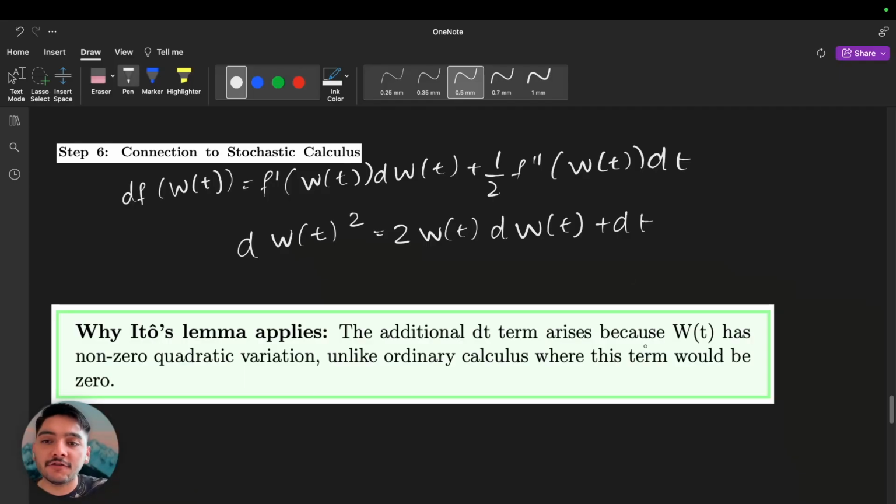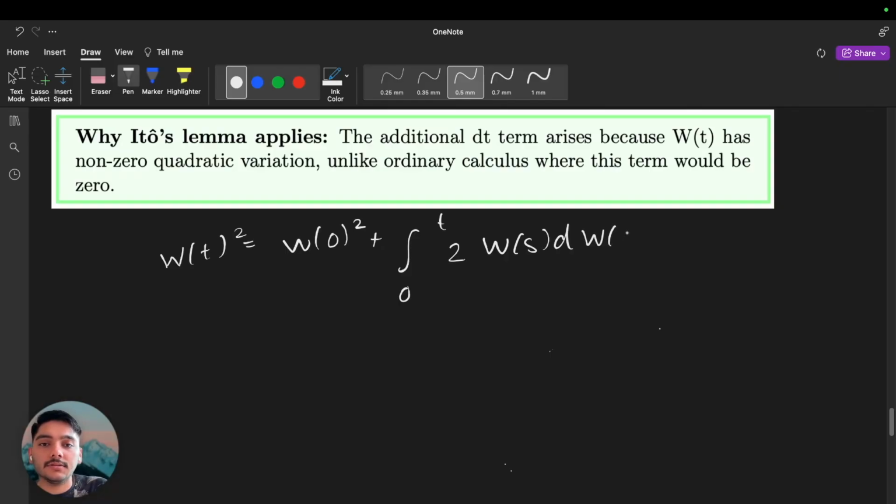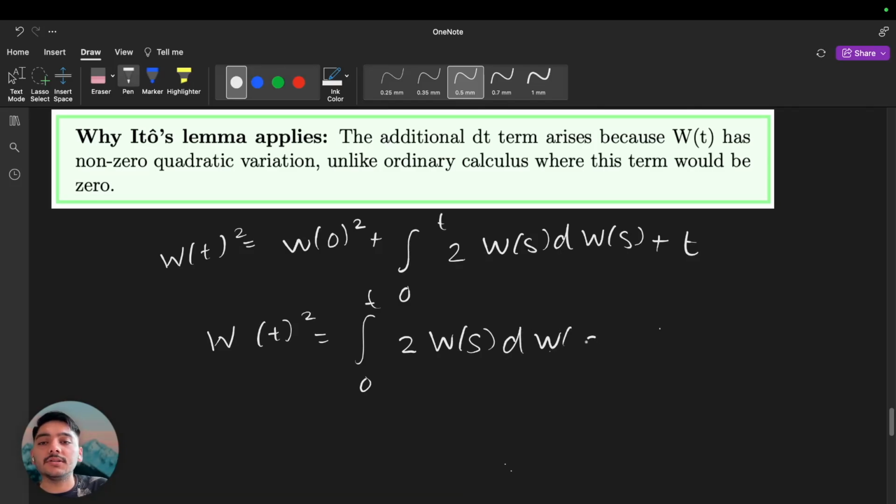So let's integrate from 0 to t. After integrating, we get W_t squared is equal to W_0 squared plus the integral from 0 to t of 2 W_s dW_s plus t, and W_0 squared is 0.